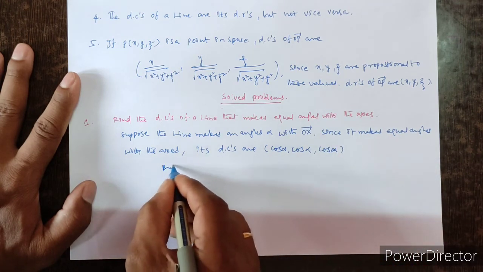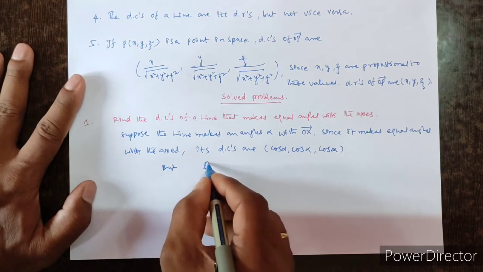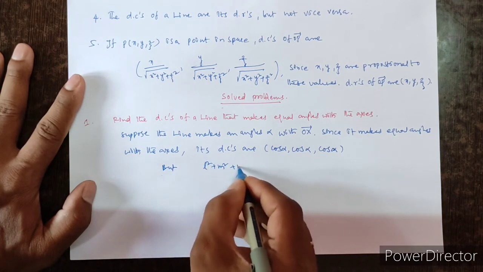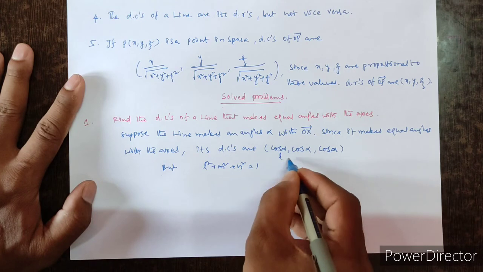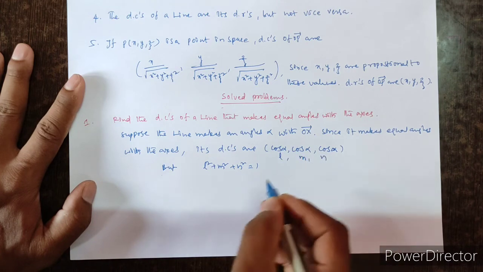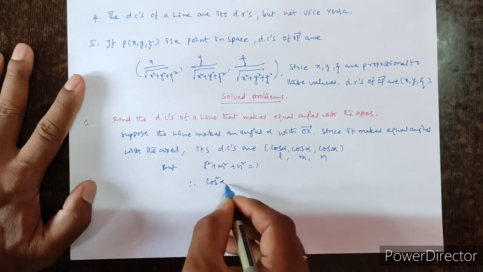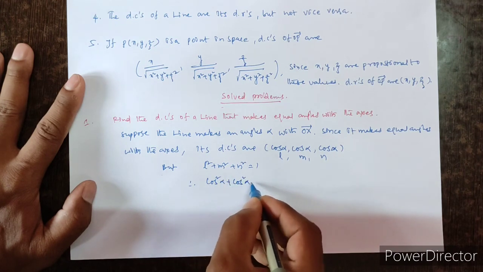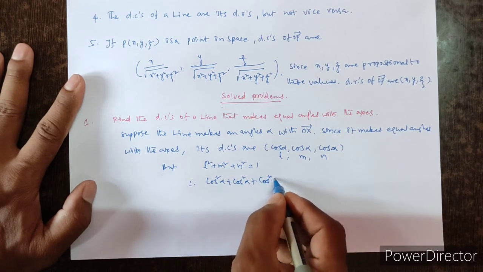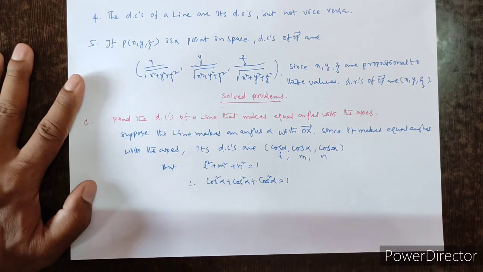But already we know l square plus m square plus n square equal to 1. Therefore cos square alpha plus cos square alpha plus cos square alpha equal to 1.